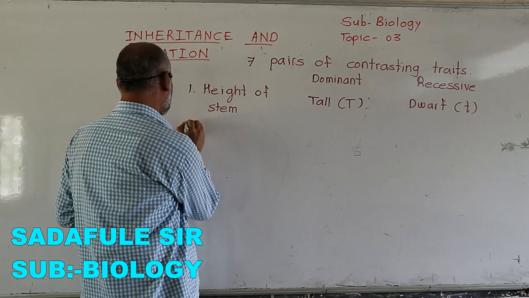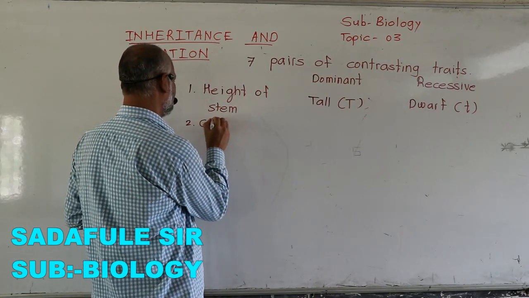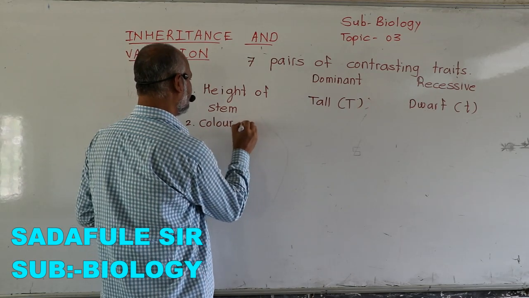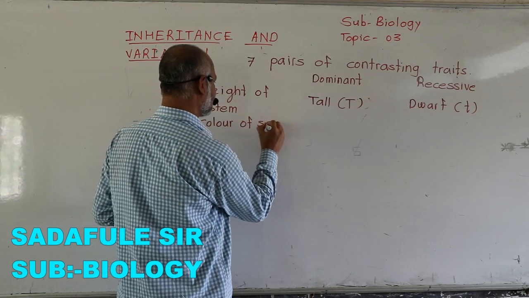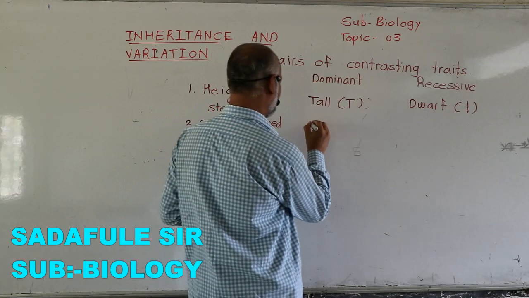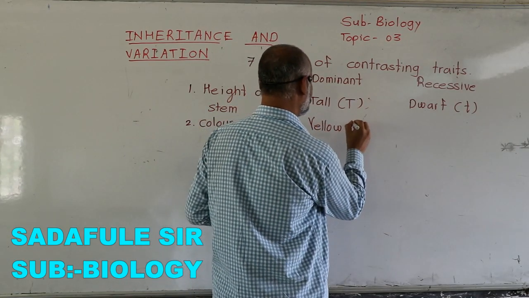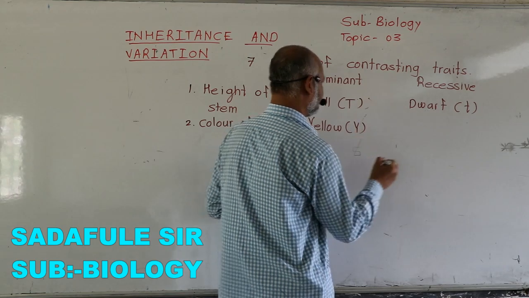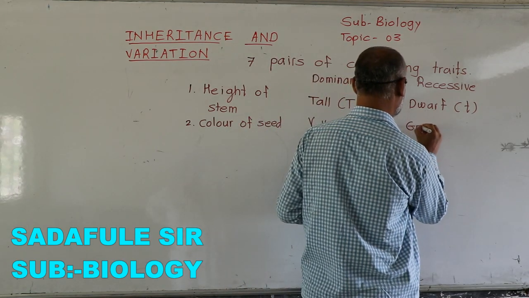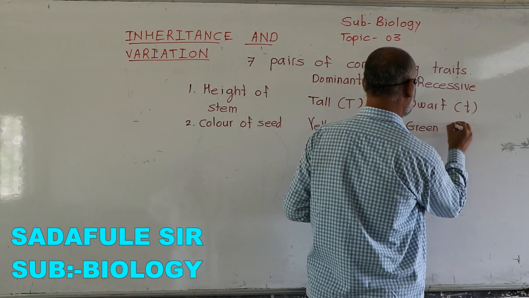Another character is color of seed: yellow color seeds and green color seeds.